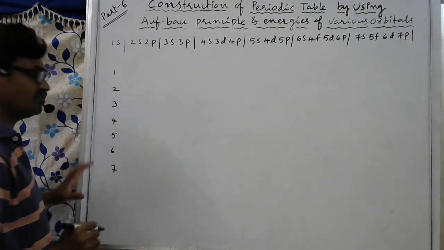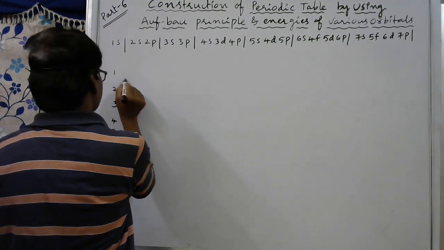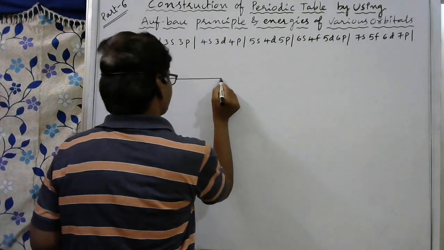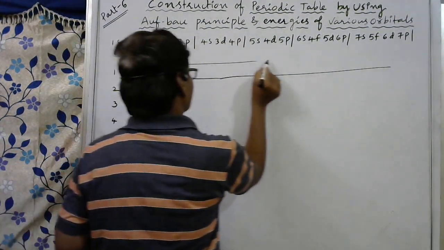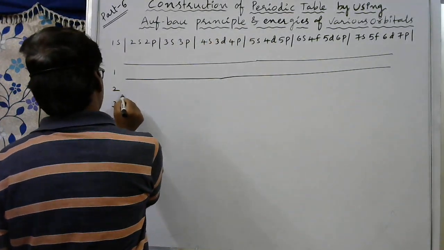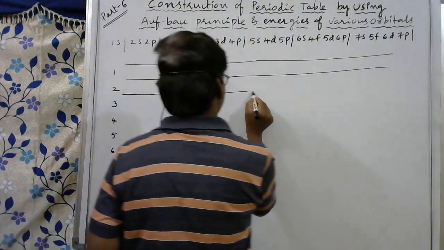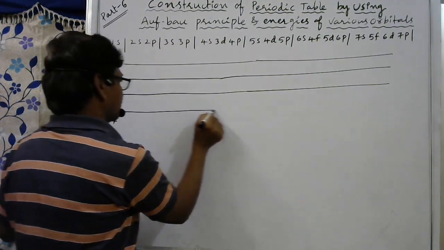They are the 7 periods. So here I am drawing 7 horizontal lines. This is the first period. This is a rough diagram I am giving. Then this is the second period. This is the third period.